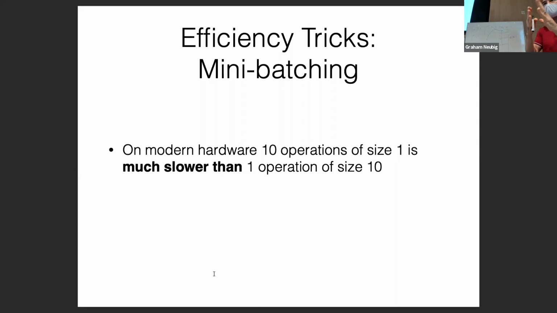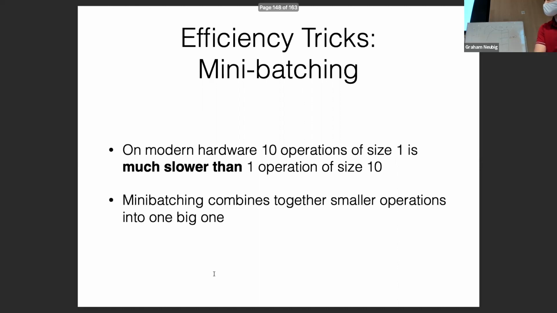So if you group together 256 additions, it will be just as fast as doing only one. It's also the case on CPU. I don't know if people realize this, but CPUs can do anywhere from 16 to 32 additions at the same time. So mini-batching tries to convert operations in our neural network from smaller ones to bigger ones.